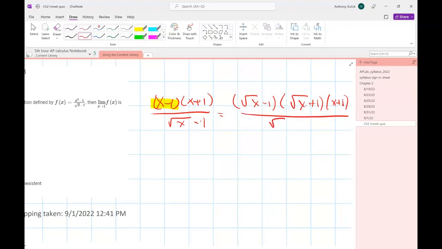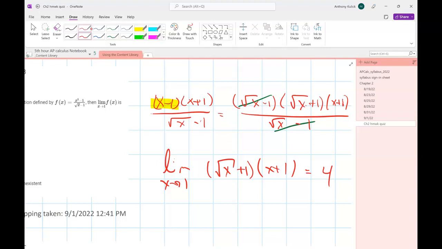You could have also multiplied by the conjugate. That would be okay also. And then when we do the limit, we can just now do direct substitution. You'd have gotten the same thing if you had multiplied by the conjugate also. I think I saw people doing that pretty frequently. But you could also think about it as a factoring. Either way is fine.